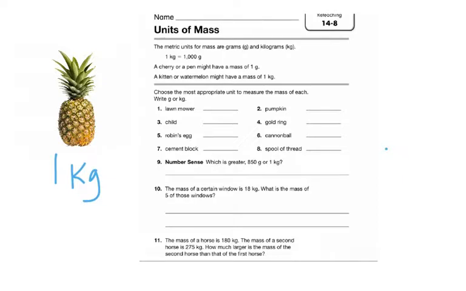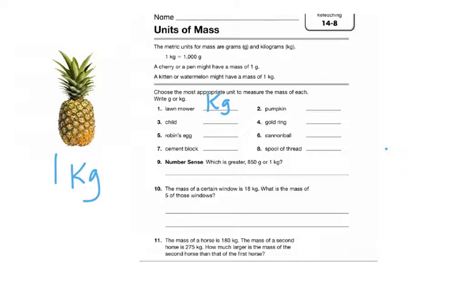Number 1 says lawnmower. Is a lawnmower going to be heavier than this pineapple? Yes. So if it's heavier, I'm going to use kilograms, because I'm going to need more than 1 kilogram to measure the weight of the lawnmower.